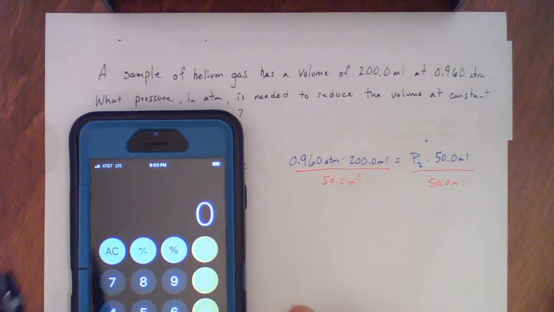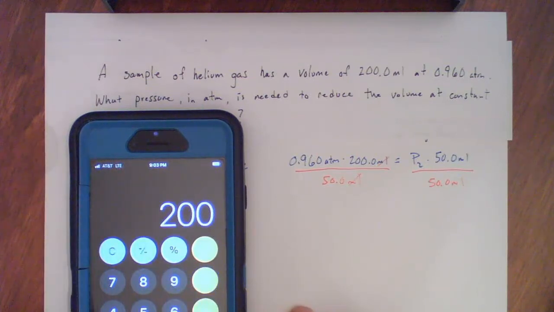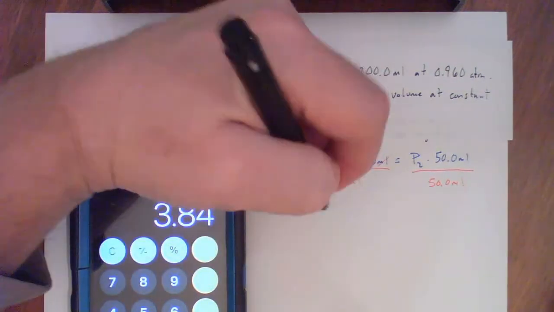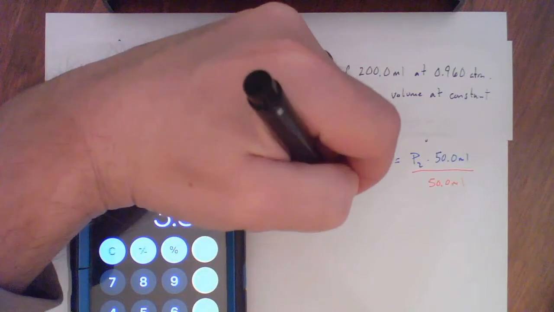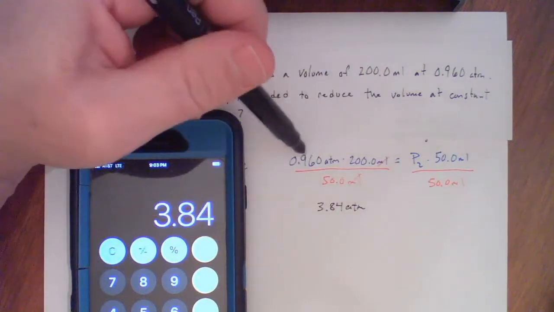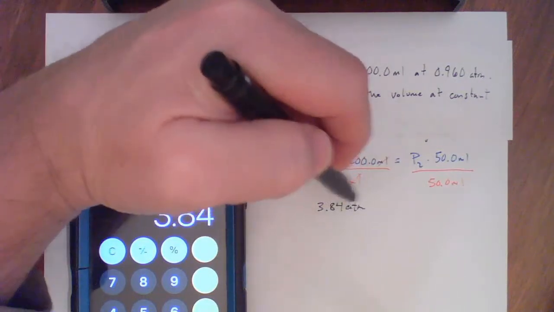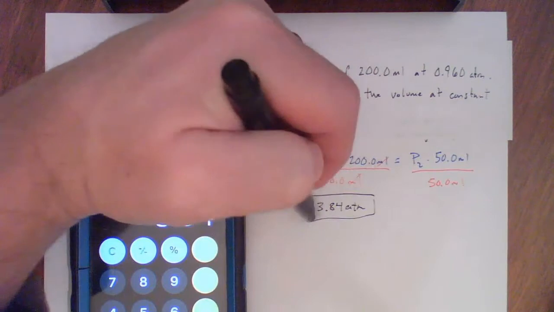Okay, so we got 0.960 times 200 divided by 50 comes out to be 3.84 atms. Let's just double check. I've got 1, 2, 3, 3, 4. So 3 significant figures. So there's our pressure.